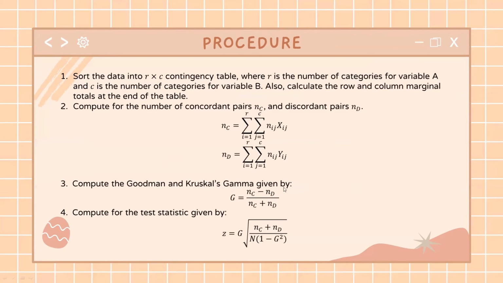Next, compute the Goodman and Kruskal gamma given by n sub C minus n sub D all over n sub C plus n sub D.